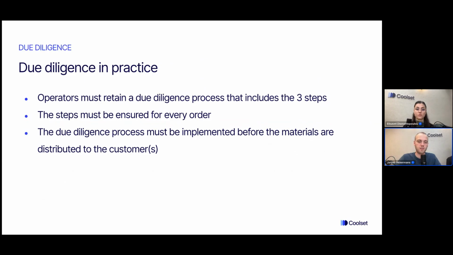There are, of course, exemptions for low-risk countries, but that's something we'll discuss more in the next couple of slides as well. These steps also must be ensured for every order. And lastly, the due diligence process must be implemented before the materials are distributed to the customers. What that basically means is that if you have an EUDR-related commodity that you're importing or trading, you need to have done these steps before they can actually be sold to the customer.